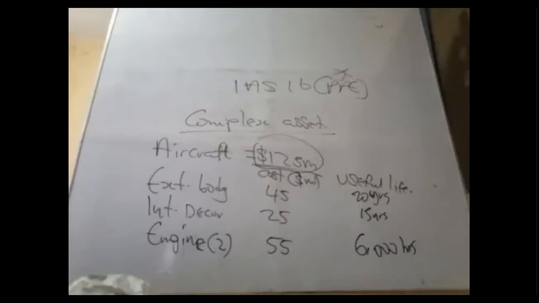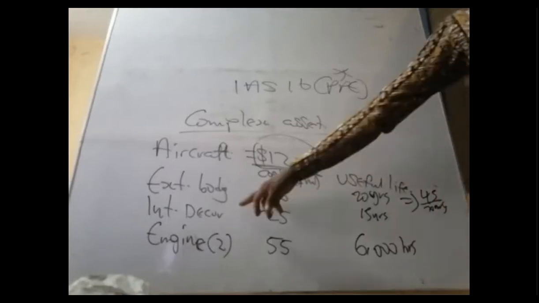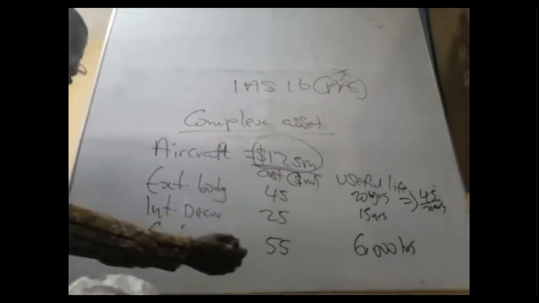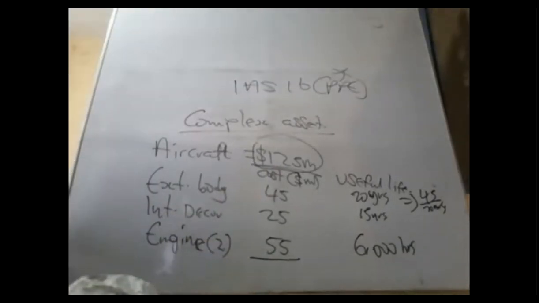So depreciate them part by part. The exterior body will be $45 million divided by 20 years. The deco is $25 million over 15 years. That is the recognition of a complex asset. The standard says it must be treated separately, even though the total cost is $125 million, so depreciation will be based on individual parts or components.